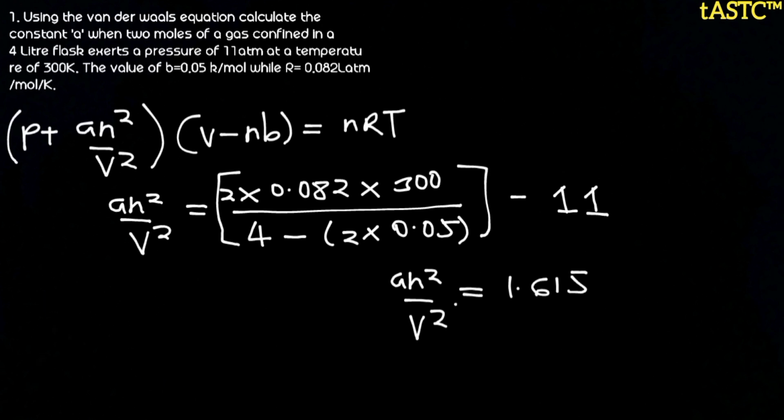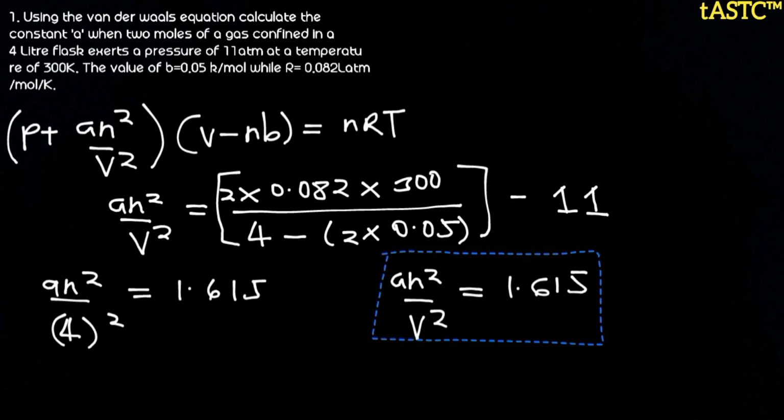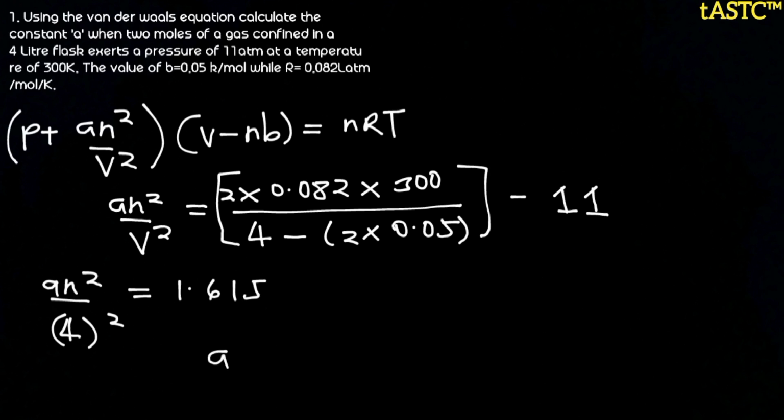Now we need to take this V squared and multiply it with this stuff. Now what is V? That is actually the volume. So we're going to see that AN squared divided by V, which is 4, but this would actually be squared, and that is 1.615 on the other side. So we got AN squared, and that is equal to 16 multiplied by 1.615.